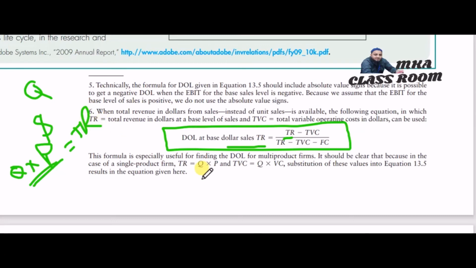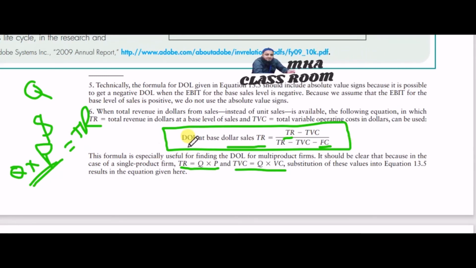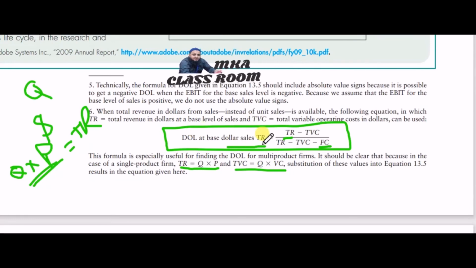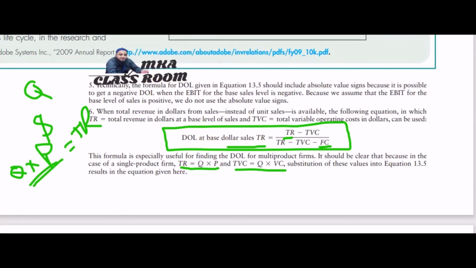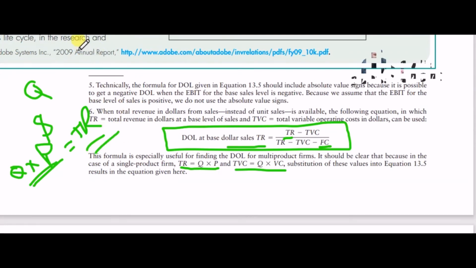Here you will see total revenue equals Q into P, total variable cost equals Q into variable cost per unit, and then FC, fixed operating cost. In this way you can calculate very easily with this DOL formula as total revenue or dollar value.